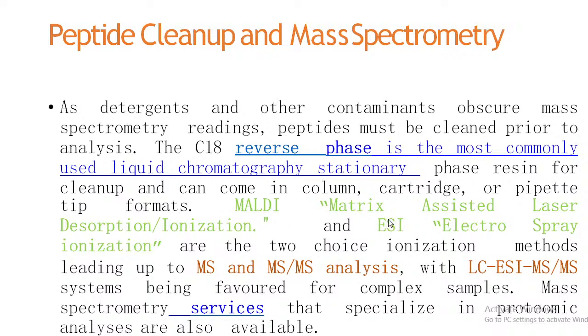MALDI, matrix assisted laser desorption ionization, and ESI, electrospray ionization, are the two choice ionization methods leading to MS and MS/MS analysis, with LC-ESI MS systems being favored for complex samples.